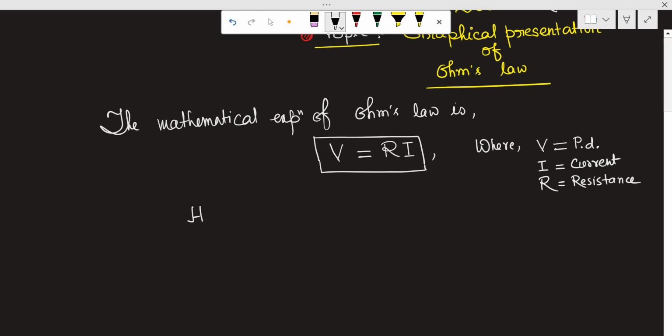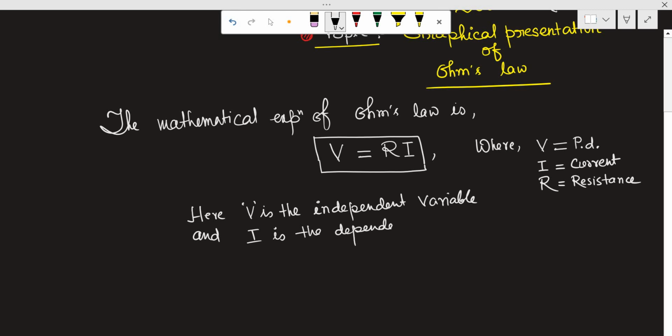Here V is the independent variable, and I is the dependent variable. What does it mean?